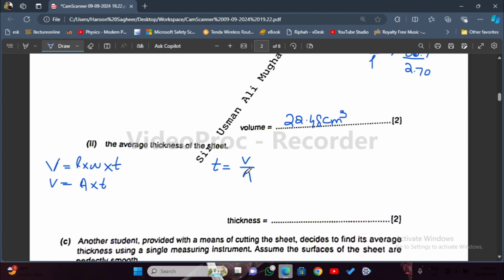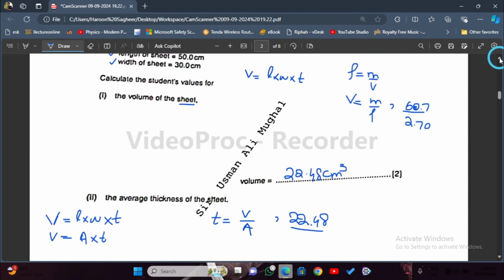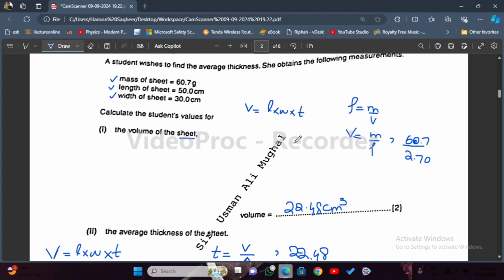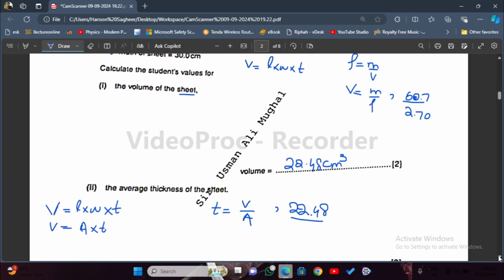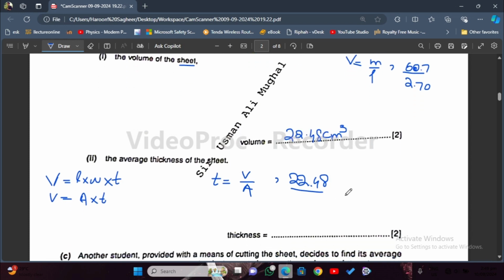Now we have found the volume in the above part: 22.48. And now we have to find the area. In order to find the area, we are given the length and width, 50 and 30. So 50 multiplied by 30 gives us the area, which is 1500.